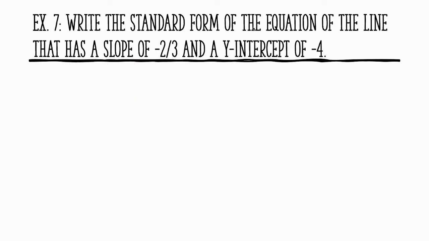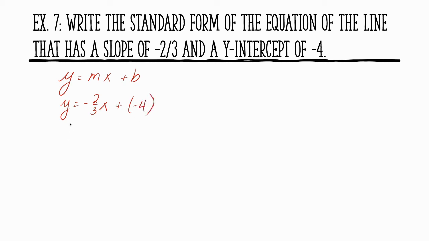So write the standard form of the equation of the line that has a slope of -2/3 and a y-intercept of -4. So we're going to use the slope-intercept form equation, and I'm going to substitute my values. This is -2/3 x plus -4.